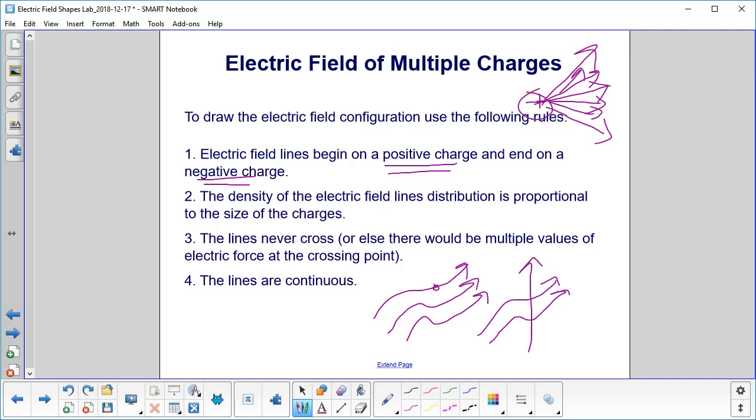That doesn't work because at this point and this point you have two different values for the electric field. That's impossible. It has one value after you add up all the vectors due to whatever many charges you have. So this is no good. Lines can't cross, and the lines are continuous. They can't do this. There can't be a break. The electric field exists at all points in space.